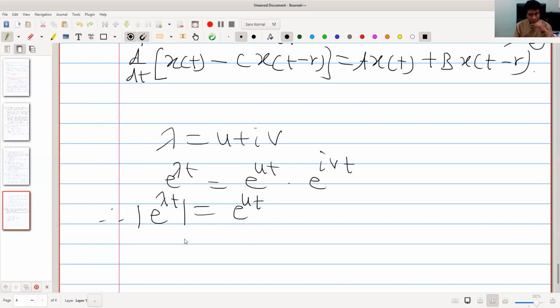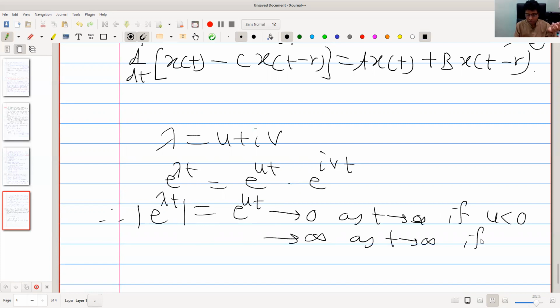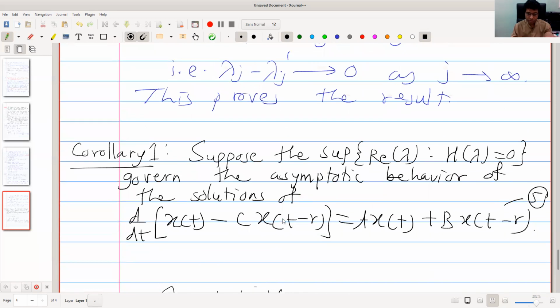This tends to 0 as t tends to infinity if u is negative, and this tends to infinity as t tends to infinity if u is positive. So the real part is governing the asymptotic behavior of solutions of this equation.